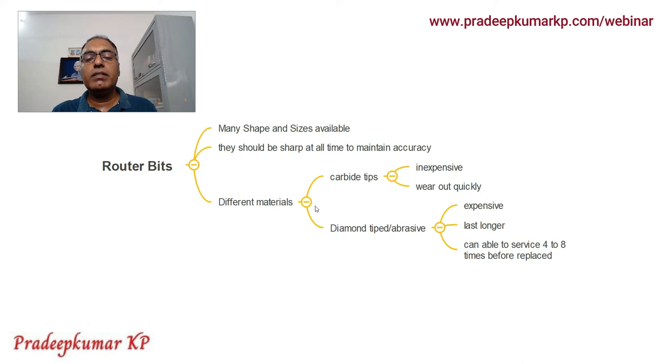Different materials are used for the tools: carbide tips, diamond tipped and abrasive types. Carbide tips are inexpensive and wear out quickly, but diamond tipped abrasives are expensive and last longer, and can be serviced 4 to 8 times before being replaced. So they have a much higher life for the router bits.